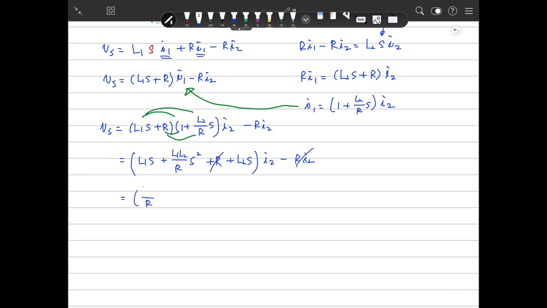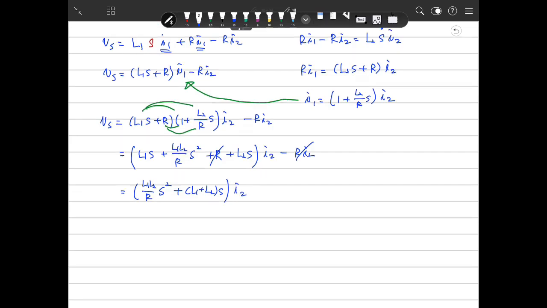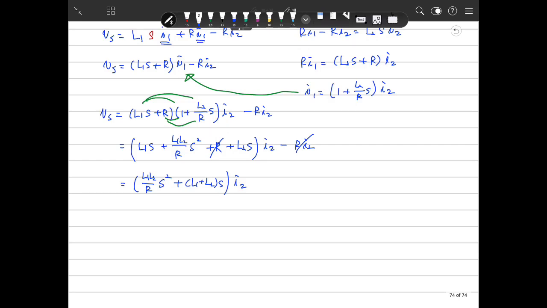So L1 L2 s squared over R plus (L1 plus L2) s will be multiplied by I2.